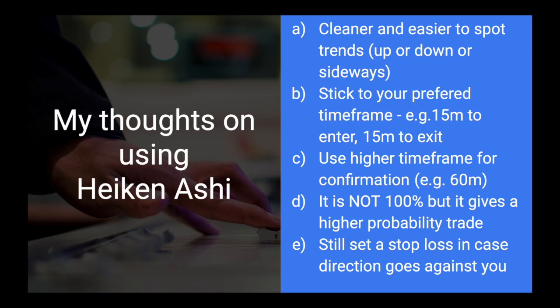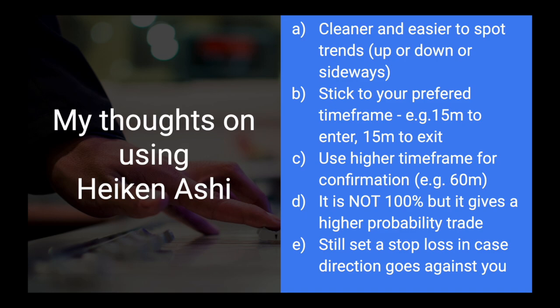For example, if you are used to the 15-minute time frame, use it to enter and exit, and you would only use a higher time frame for confirmation. So if you are using 15-minute, you would probably use the 60-minute candles for Heiken Ashi to confirm whether it is a bullish or bearish trend.